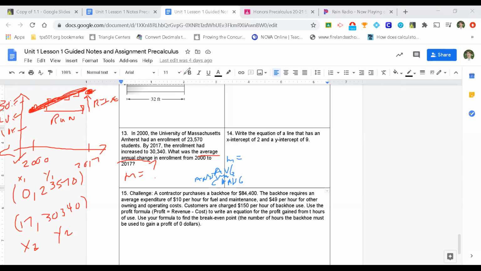M, average annual change, is equal to 30,340 minus 23,570 over 17 minus 0 equals blah. This would be enough to get full credit for that answer.